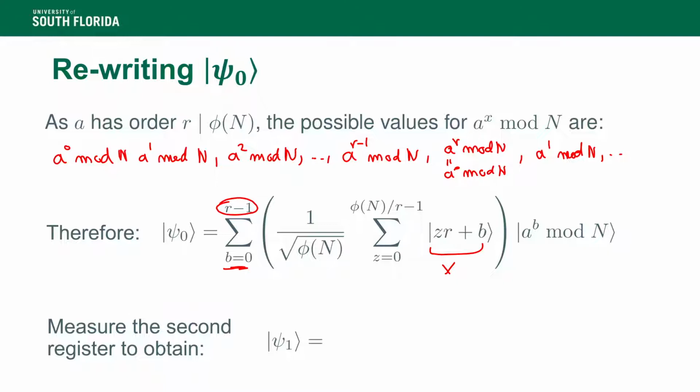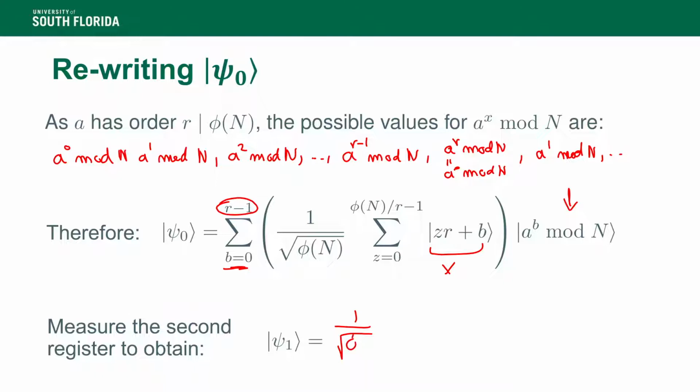And now what we do is we measure the second register, okay? So measuring the second register will not learn b, but it will fix the value of b. So every term in the sum that consists in the multiple of r plus b will be kept. And so what we get here is, we basically keep a fraction 1 over r of all our terms here.